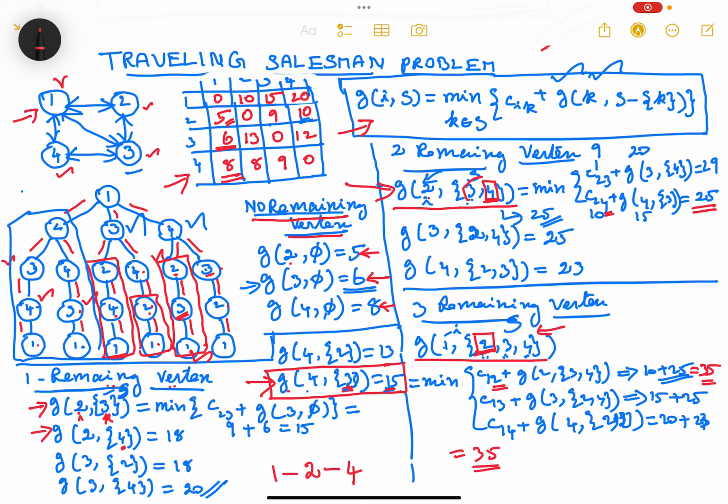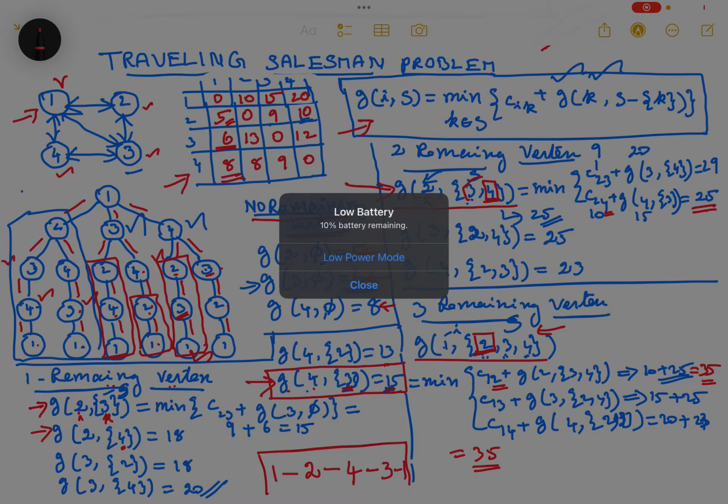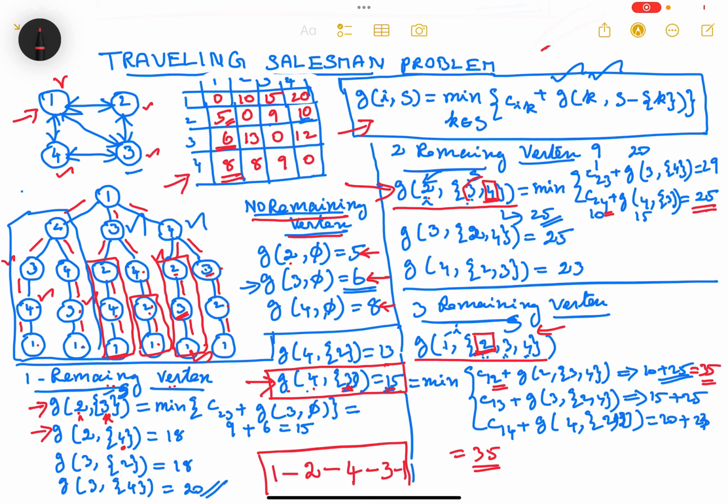Vertex number 3, that is city number 3. So after visiting fourth city, what is the next city to be visited? 3 is the next city to be visited. After 3, we have to go and visit first city. This is the shortest tour we found, and the length of this tour is 35.